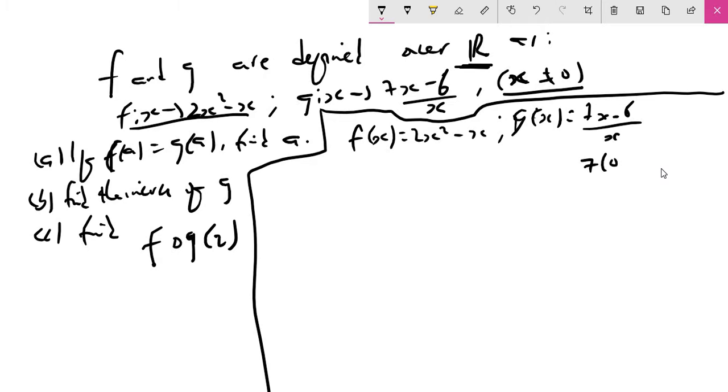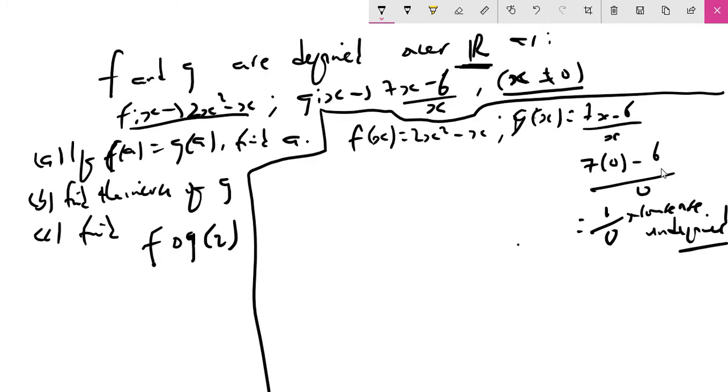You get 7 times 0 minus 6 divided by 0. This is a nonsensical value. It is undefined. You can't divide a number by 0, not even 0 by 0, or 1000 by 0. It just doesn't make any sense. You can try it on your calculator and see what happens.